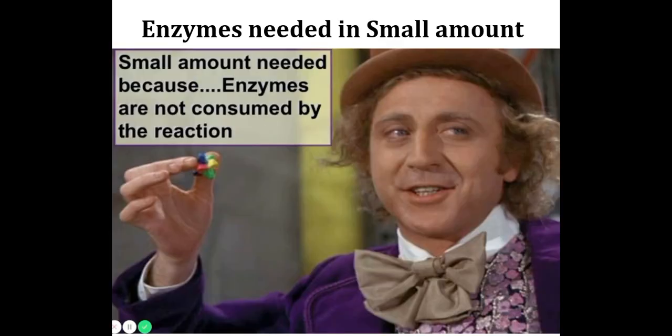We know enzymes are needed in a very small amount and enzymes are not consumed by the reaction at all. However, at high temperature or high pH, enzyme denaturation takes place.